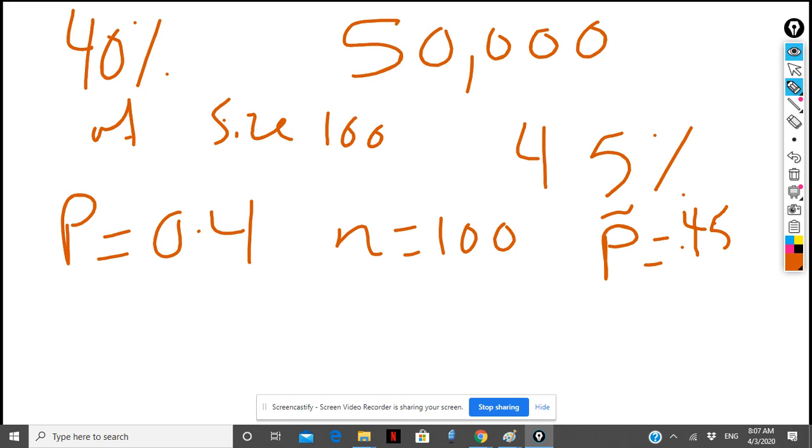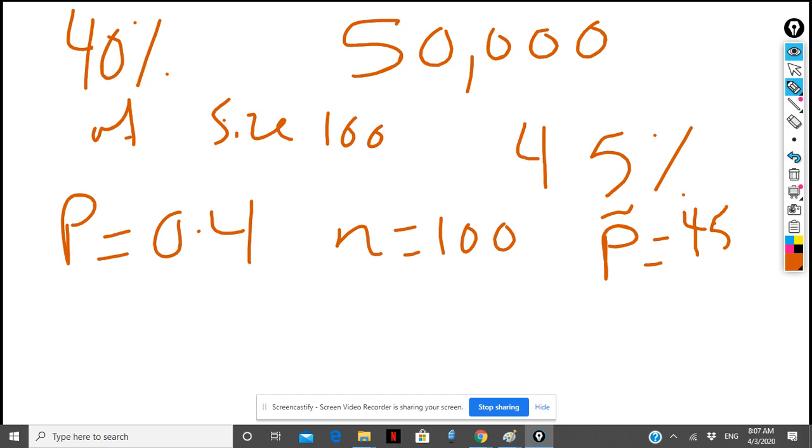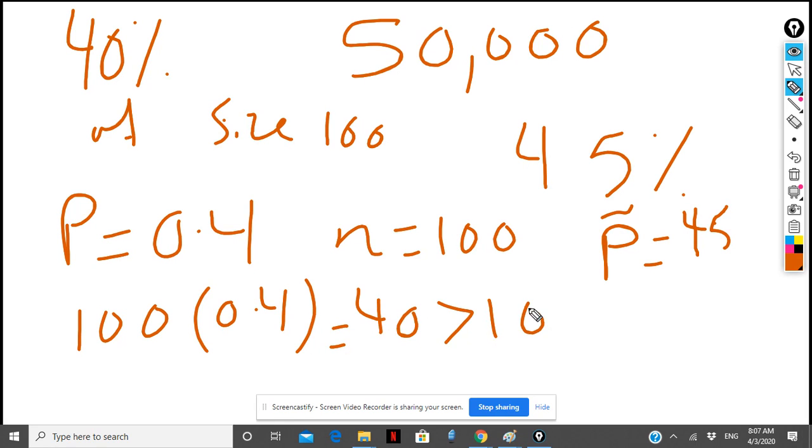Is the population more than 10 times the sample size? The population is 50,000, and 100 times 10 is 1,000, so it's more than that. This is the second condition. Now, n, which is 100, times 0.4, giving me 40, which is more than 10.